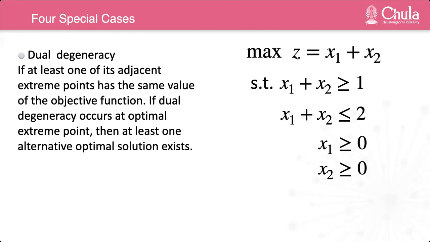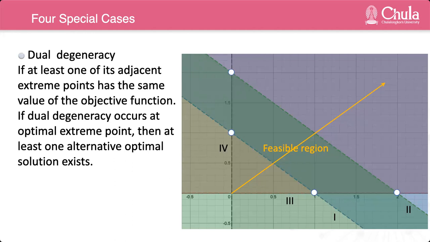And the next constraint, also x1 plus x2, less than or equal to 2. What happened? In this graph, it doesn't look perpendicular, but trust me, the gradient and the constraint are perpendicular.